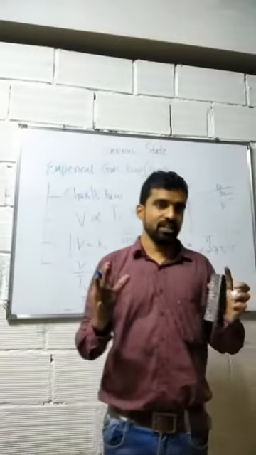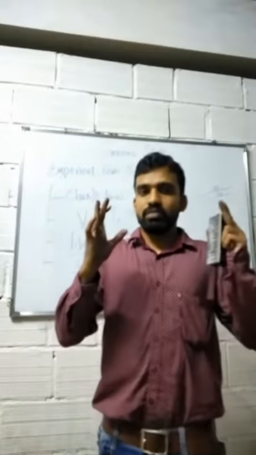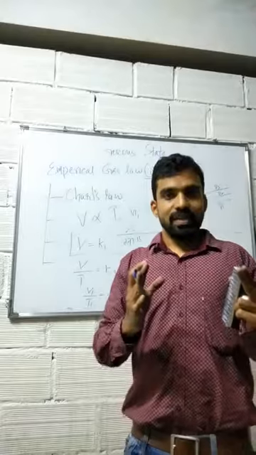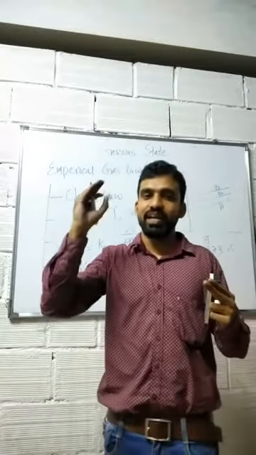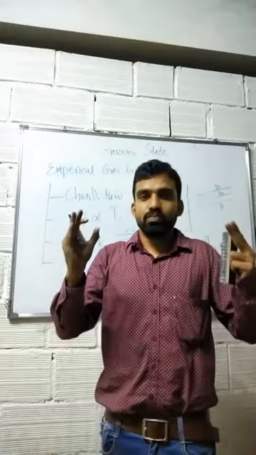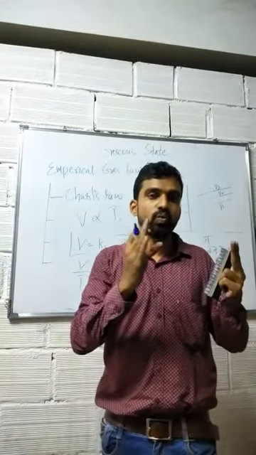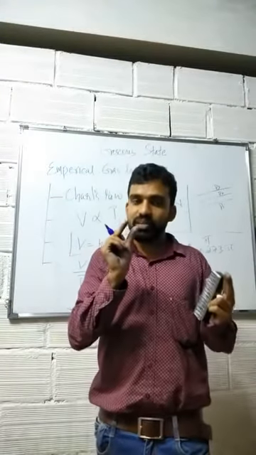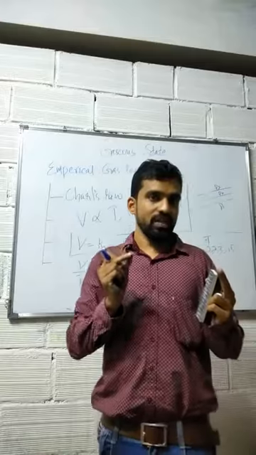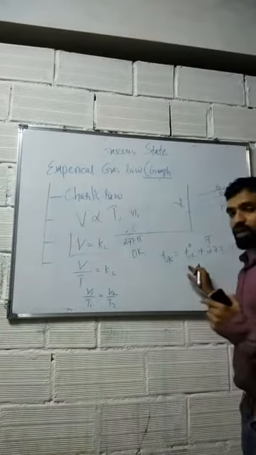Degree centigrade is related with water. At 0 degrees water melts, and at 100 degrees water boils. So this temperature range is divided into 100, and one division is called 1 degree centigrade. So this is related with water.